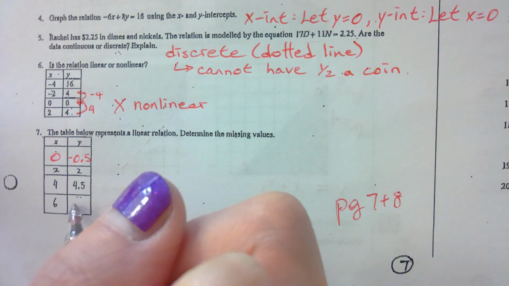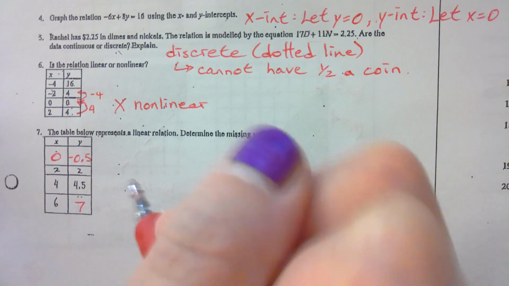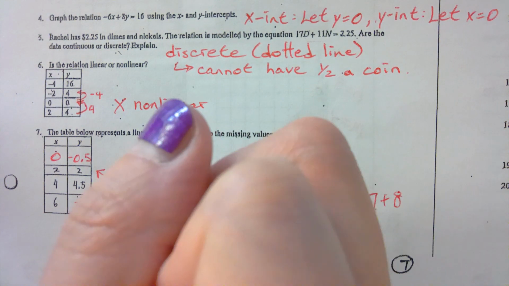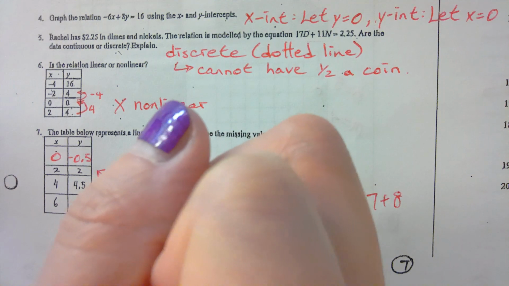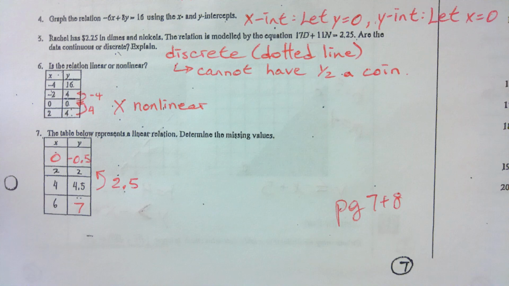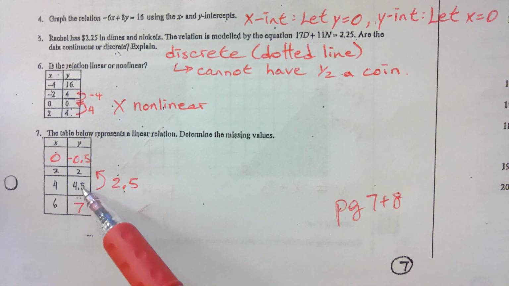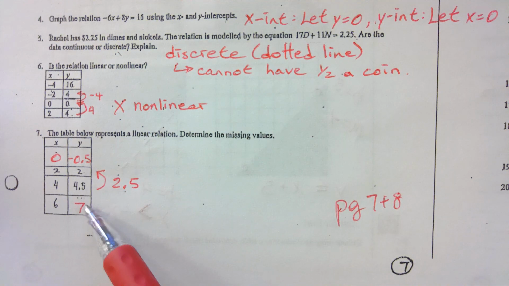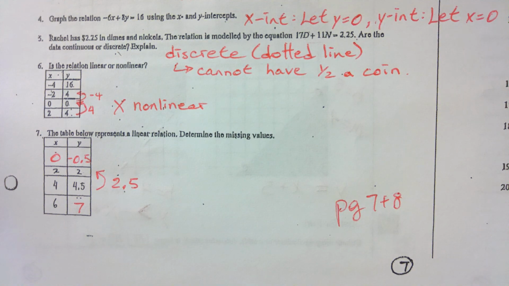And this one, 7. Okay. How did you get those numbers? The first difference was just 2.5. As long as you can tell the way it's going. It's going down by 2.5 every time, so that means going this way, it's going up 2.5. Perfect.